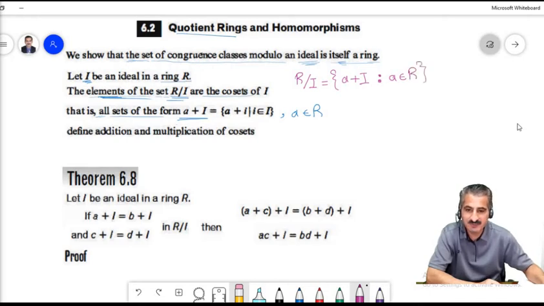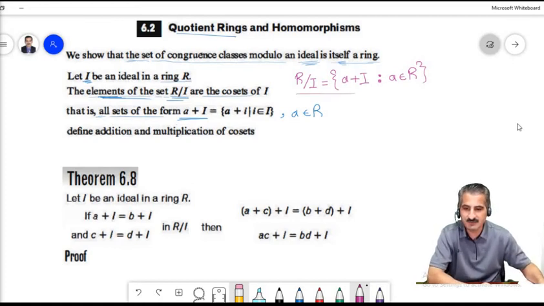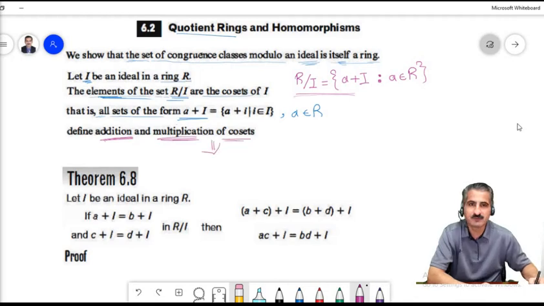You have seen that many elements will give the same coset, and we say two elements are congruent modulo an ideal, which we defined already. When two elements are congruent modulo an ideal, they give the same coset of the ideal I. So this is the quotient ring, and we will prove it is a ring. But a ring is associated with two binary operations, so we will define the addition and multiplication of cosets as we see in the following theorem.